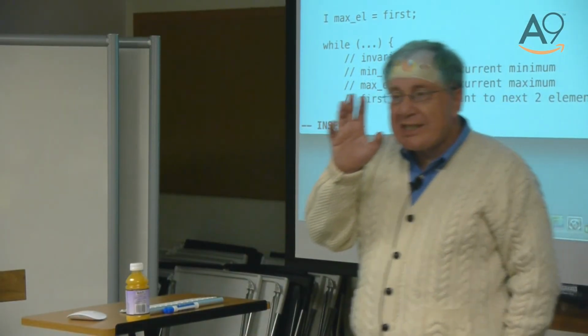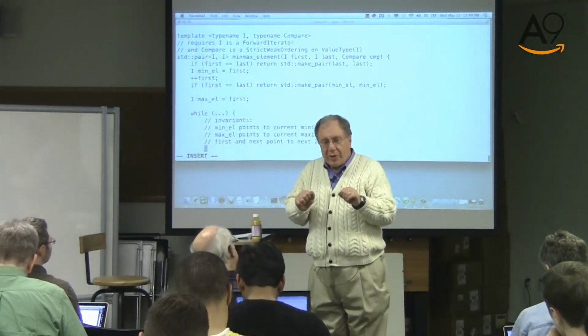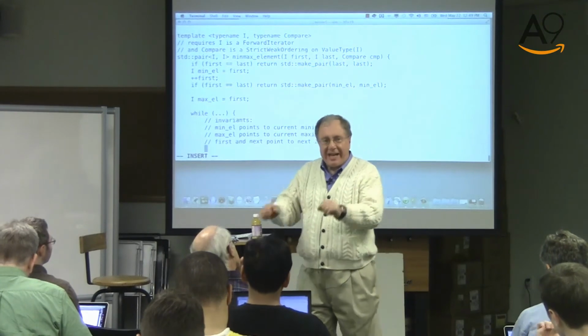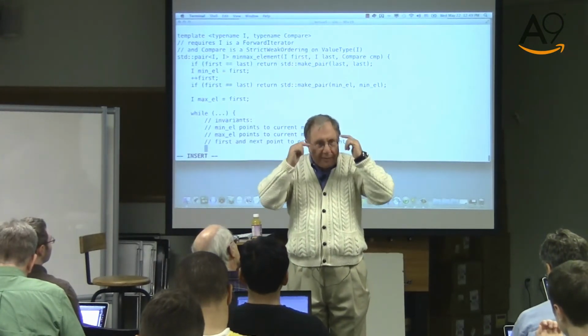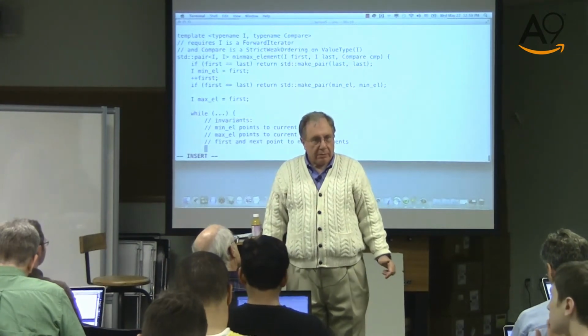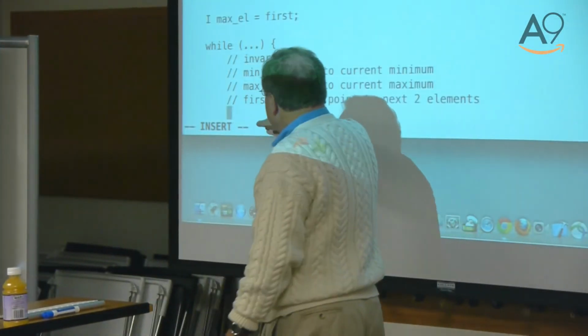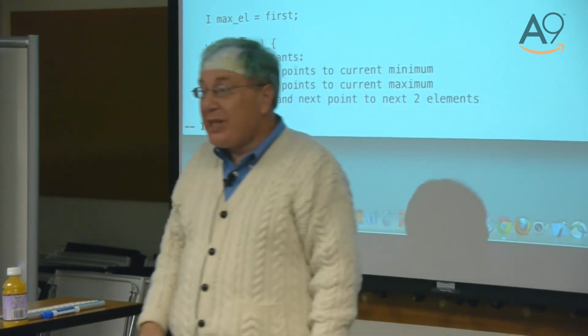Let me make it even simpler. When in doubt, I will introduce extra variables. You could get rid of them, but they will help you think. So why don't we call them potential min and potential max, because we actually don't know whether they are the min and max as yet.